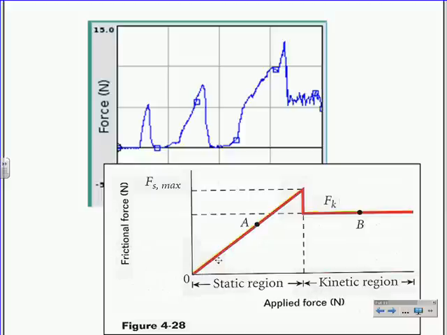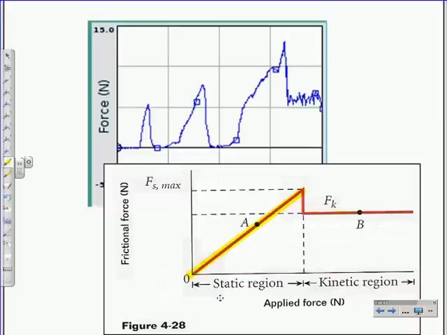So if you notice during this section of the graph down at the bottom, the ideal graph, during this section that's being highlighted yellow right now, the frictional force is increasing as the applied force is increasing. I know that if you took the slope of this section of the graph, it would have to be equal to 1. Why?